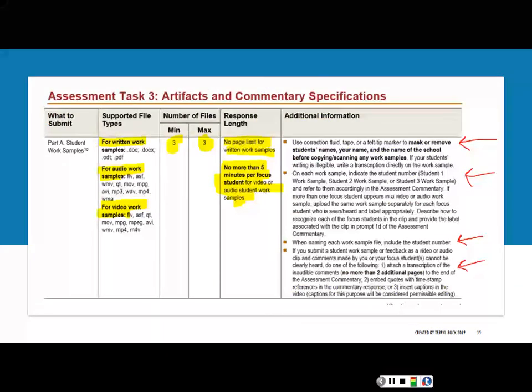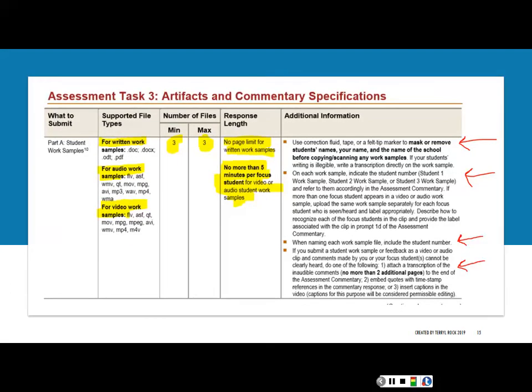If you need to transcribe, that's what this bottom bullet's about. Let's say in your video you can't hear what the student is saying. You can either attach a transcription of the inaudible comments, no more than 2 pages, to the end of the assessment commentary, or you can embed the quotes with timestamps into the commentary response, or you can put captions on the video.